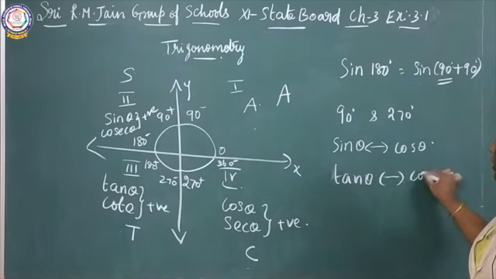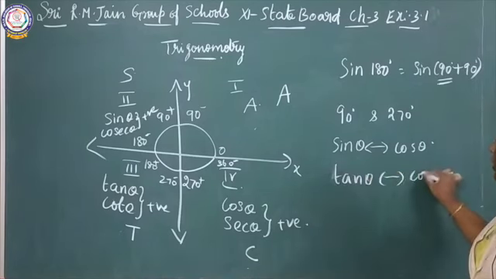See 1150. How many 360s are there? 360, 720, 1080. See here, so 3 into 360, 1080, minus, you get the answer, plus 70 degree. The remaining values alone you will take it out, because it is one complete rotation.